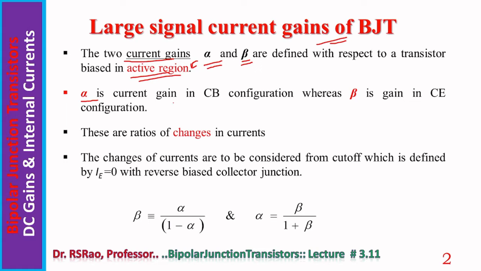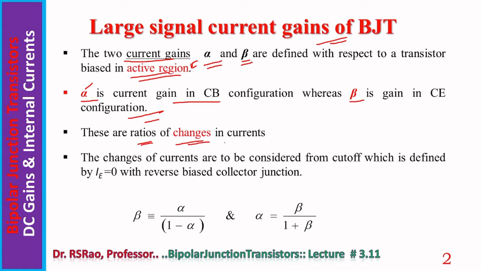Alpha is current gain in CB configuration, whereas beta is gain in CE configuration. Alpha pertains to CB, beta pertains to CE. These are actually ratios of changes in currents, changes measured from cutoff.